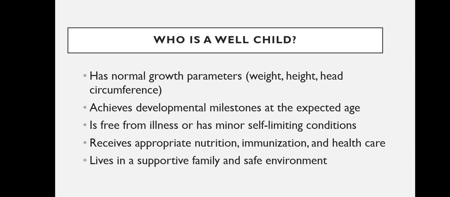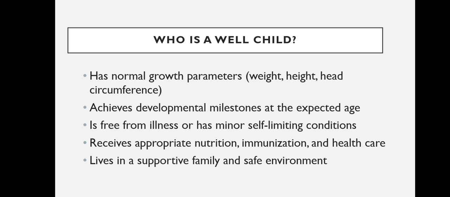What do we mean by normal? Appropriate for the age. So if the child's weight corresponds to their age, then that particular child has normal growth parameters. If the height corresponds to their age, we should also note that some people are just short genetically, but age can be correlated with height.